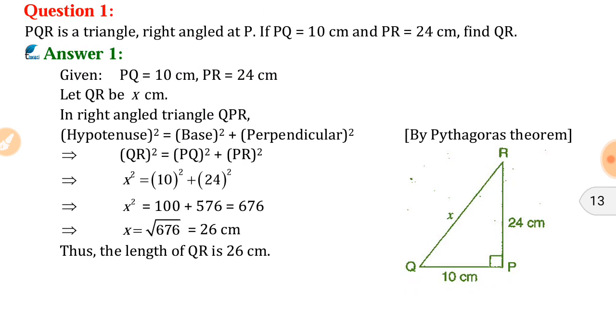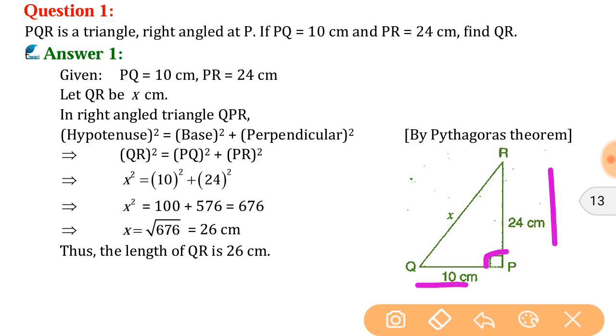PQR is a triangle right angled at P. If PQ is 10 centimeter, PR is 24 centimeter, find QR. That's all. So here PQ is 10 centimeter, PR is 24 centimeter, and let QR be X. In a right angle triangle QPR, hypotenuse square is equal to base square plus perpendicular square, by the Pythagoras theorem.